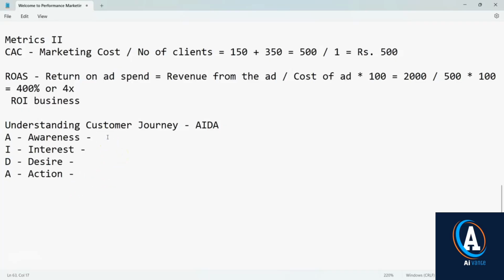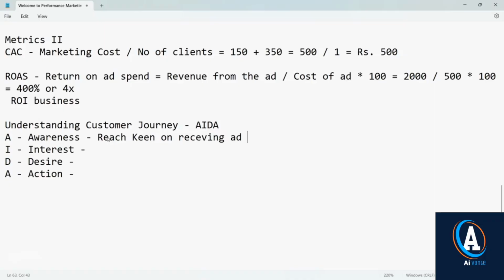Awareness basically means the people whom we are able to reach out to, who are typically keen on receiving this kind of an ad. For example, if I don't have any children, it doesn't make any sense for me to see an ad by the brand Huggies. So there is maybe zero or no knowledge.